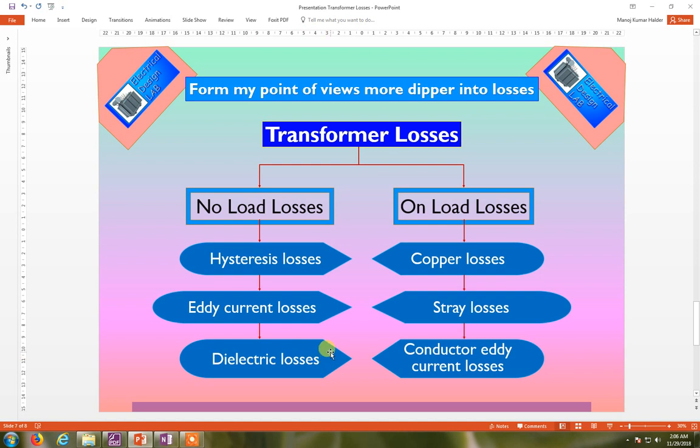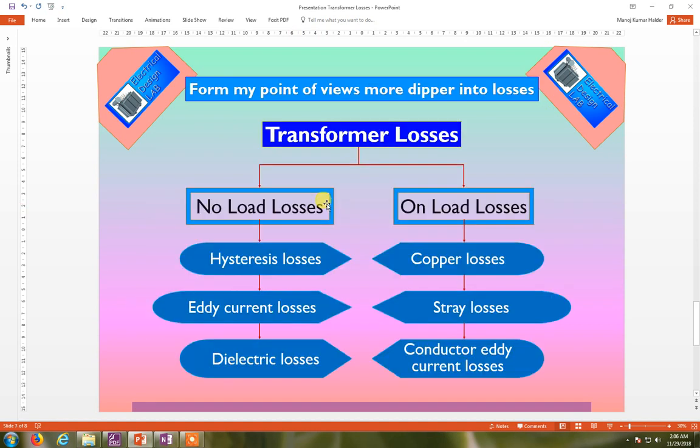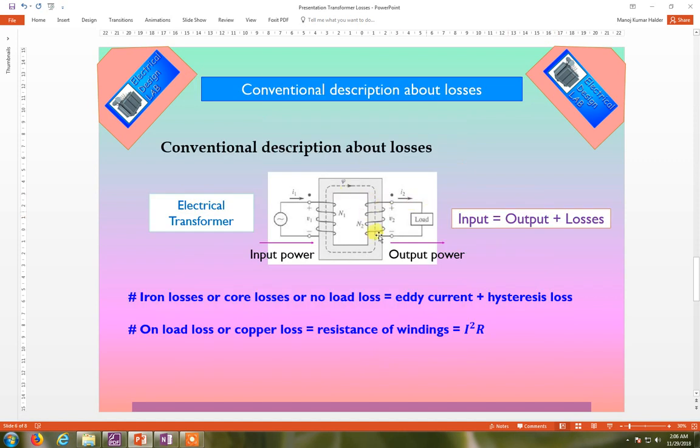So you understand about the no load losses. Now you will learn about on load losses. That means when the transformer is connected with the load, at that time current will flow through the secondary circuit. As the current is flowing through the secondary circuit, more current will be drawn in the primary. So here all the current is flowing through the coil, and these coils are made of copper conductor.